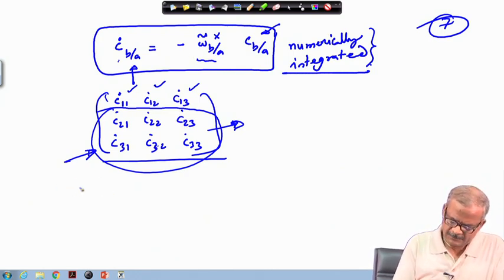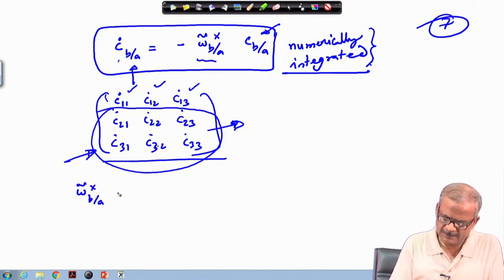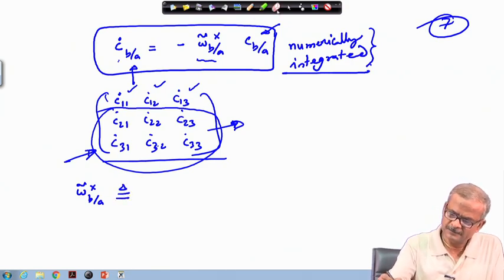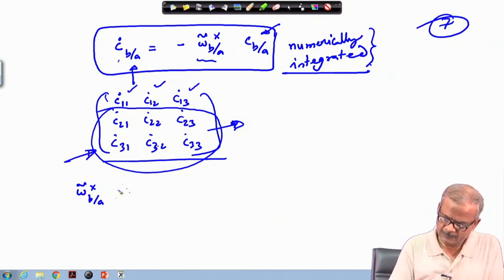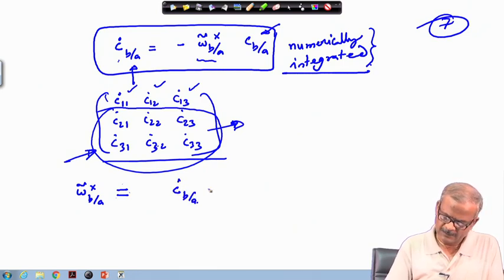So, going back, we have indicated omega tilde B cross A, or either we can write it like this, equal to minus C dot B slash A times C B A transpose.